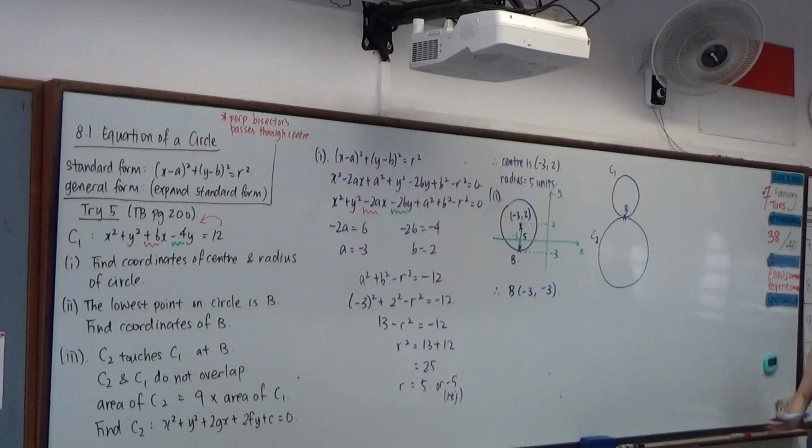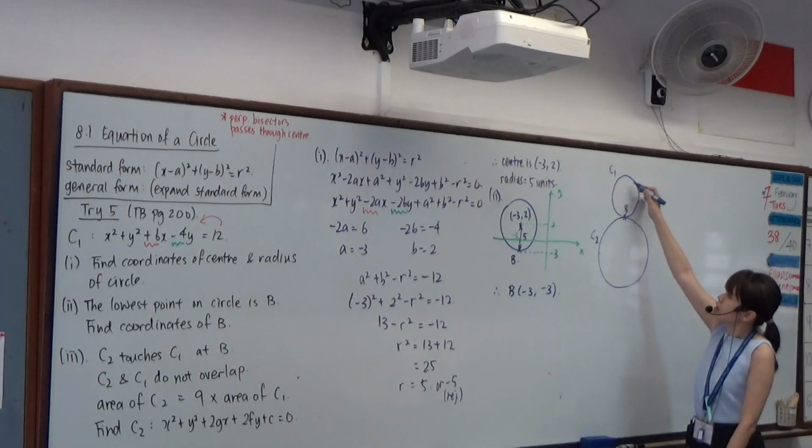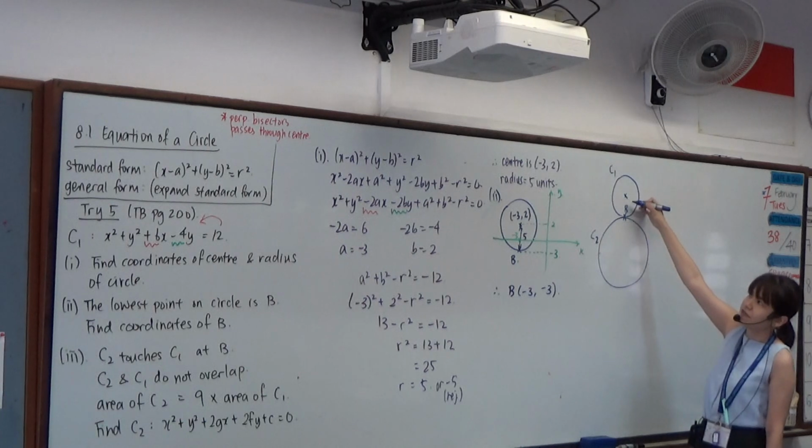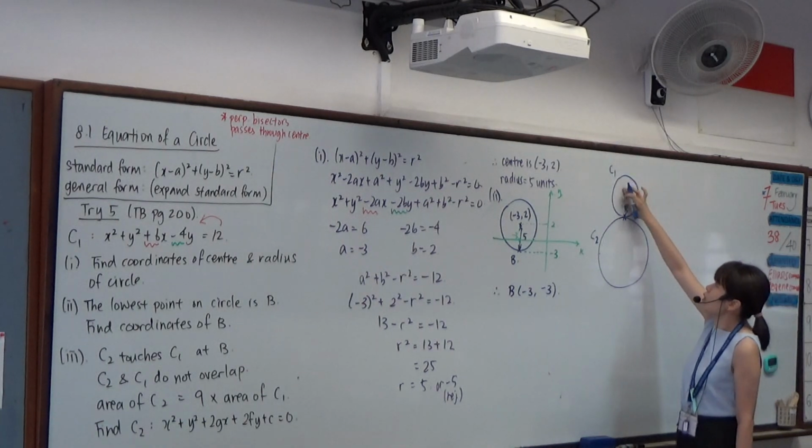So it looks something like that. Now, the thing about C1 is that we know the center is going to be directly above B, and the center has the x coordinate negative 3.